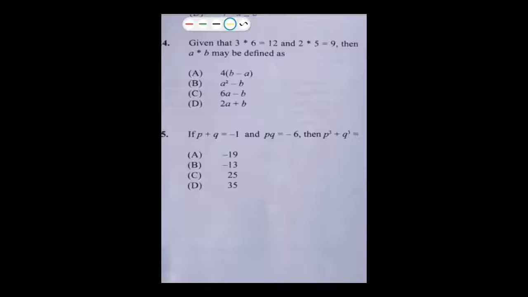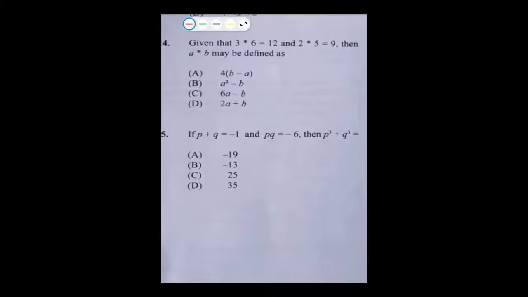Okay, so we have our options here, A, B, C, D. And we need to substitute the values that we were given in the question to see which is going to give us the correct answer in both equations in the question.